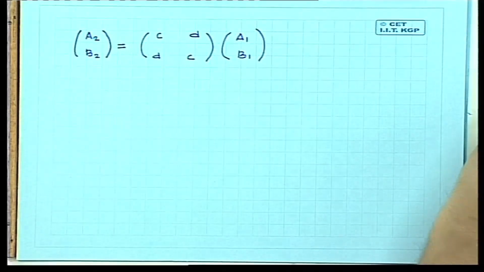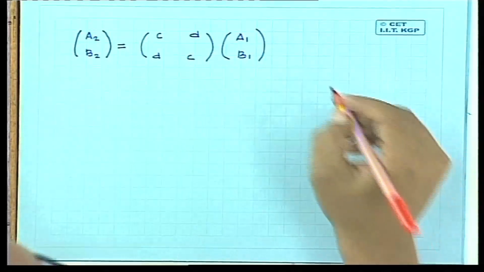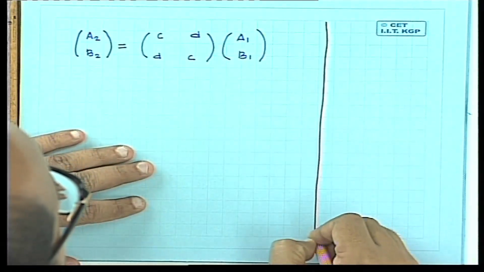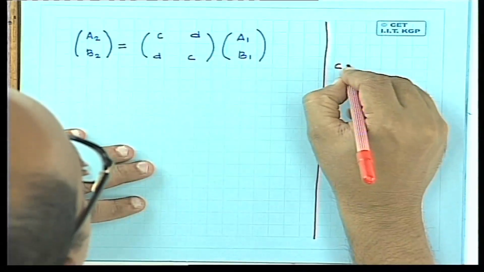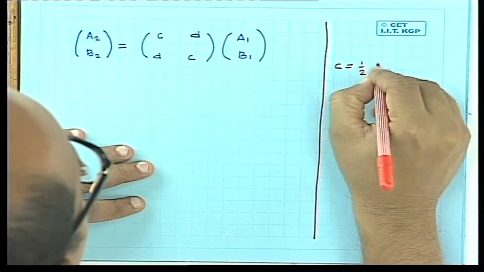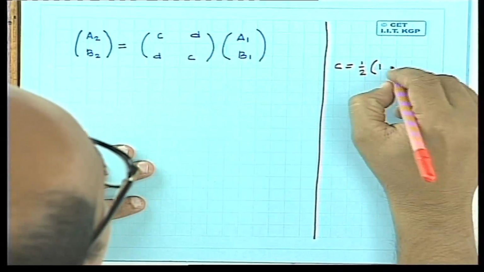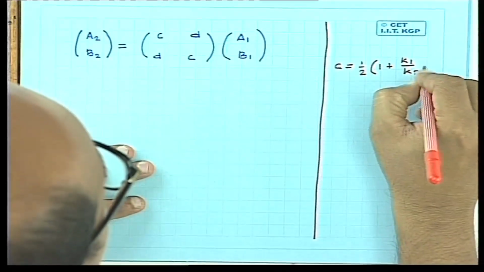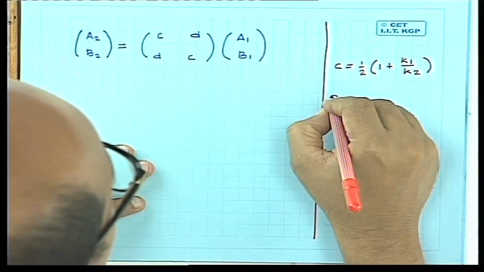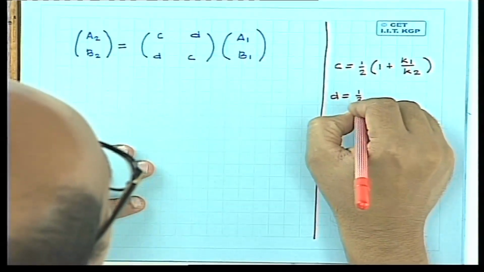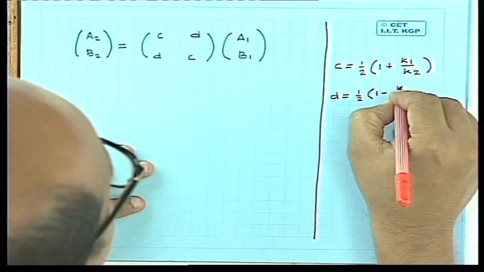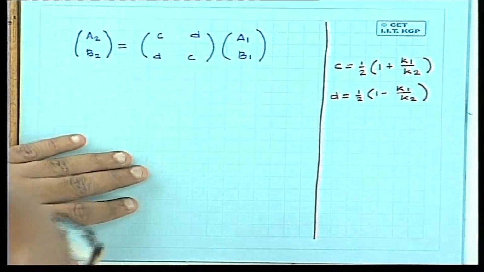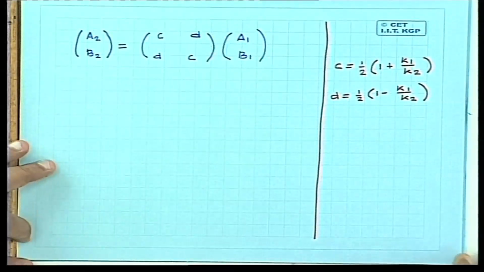We can also write down what C and D are: C is equal to half (1 plus k1 by k2), and D is equal to half (1 minus k1 by k2). So these are C and D.